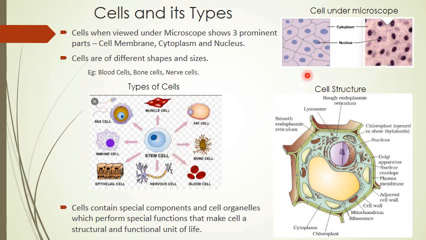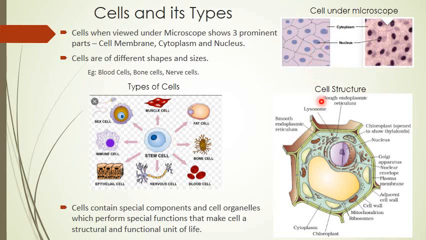Now, what I have shown is a cell viewed under a compound microscope. When I view one particular cell under an electron microscope, this is how it would look. Can you imagine now what the difference is between the compound and the electron microscope? One such cell in the compound microscope may look like this, with only the basic parts.